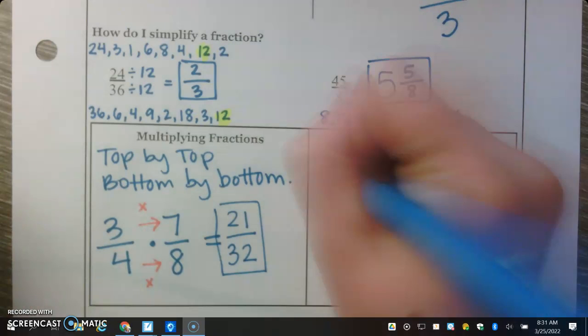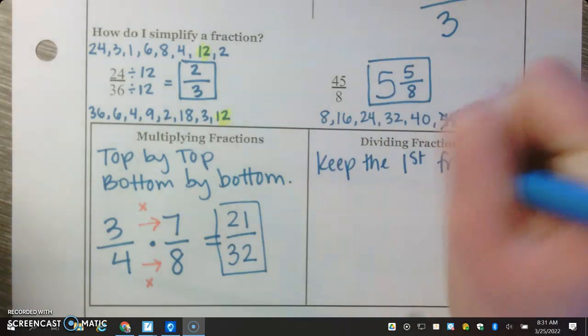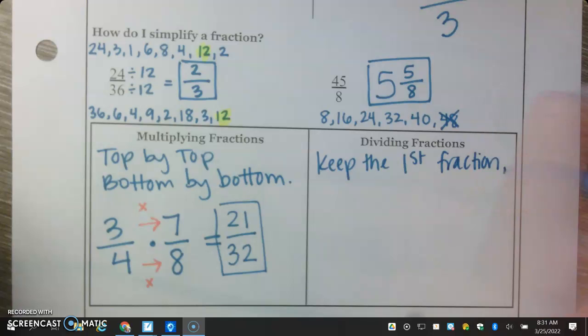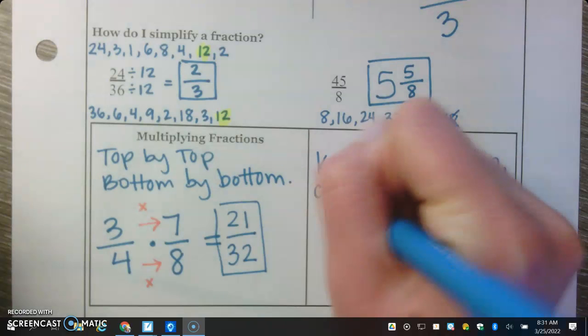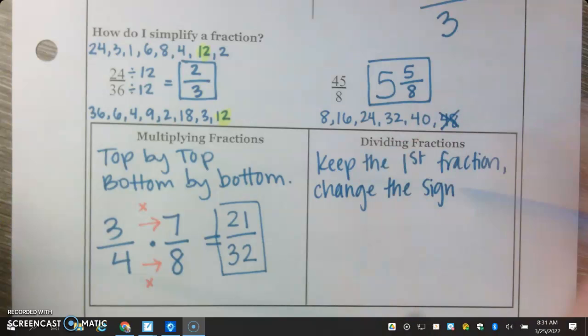Okay, dividing is what gets a little bit trickier. So you're going to keep the first fraction. You are going to change the sign. Instead of division, it's going to change to multiplication.